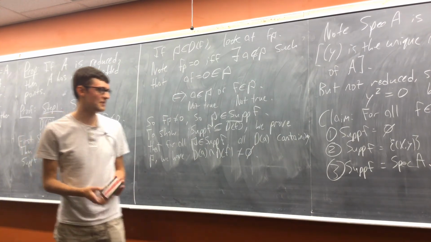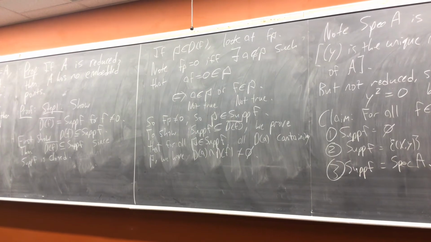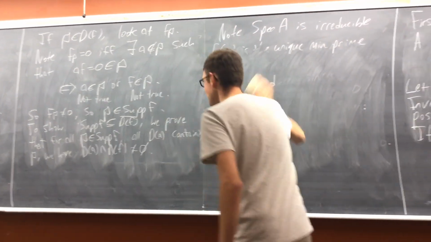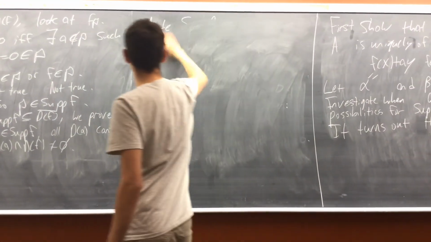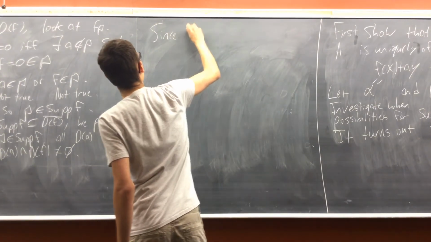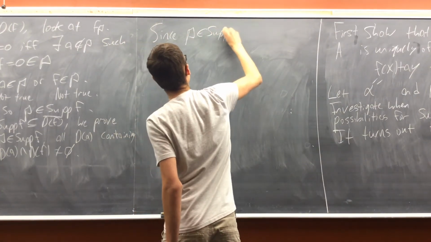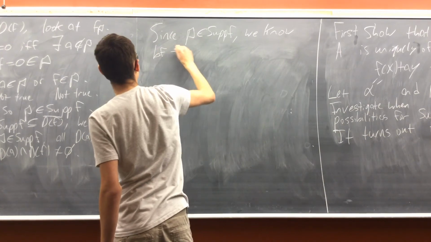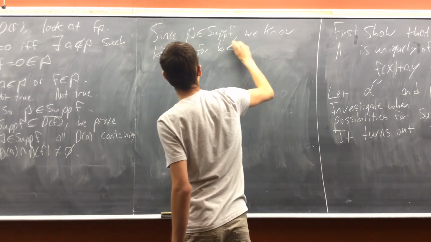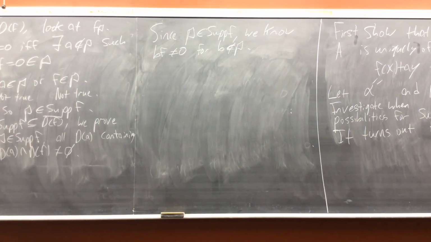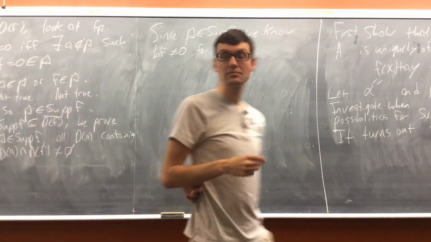Okay, and the way this is done is like the perfect algebra argument. So we haven't used reducedness yet, and this is exactly where this is going to happen. So I've got P is in the support of f. So I know, say, bf is never 0 if b is not in P, because that's just saying that f is not 0 in the stalk, or in the localization at P. Okay.